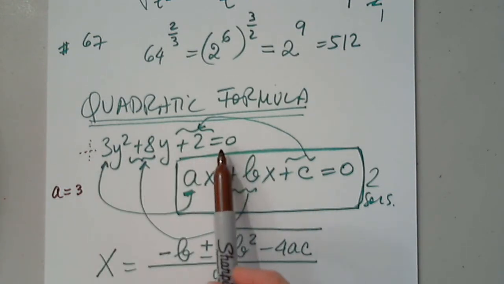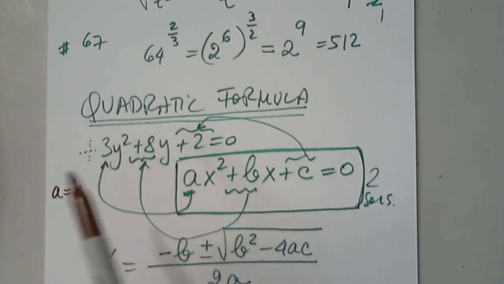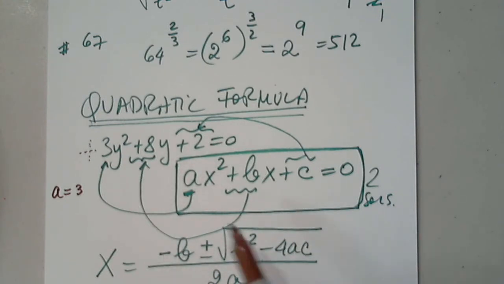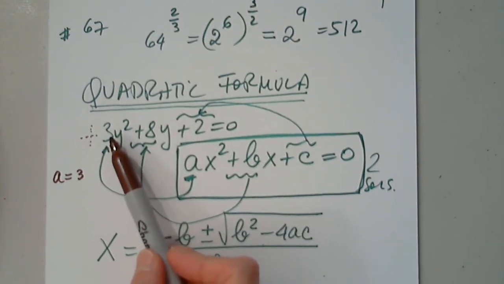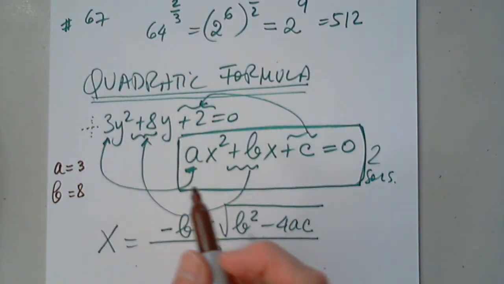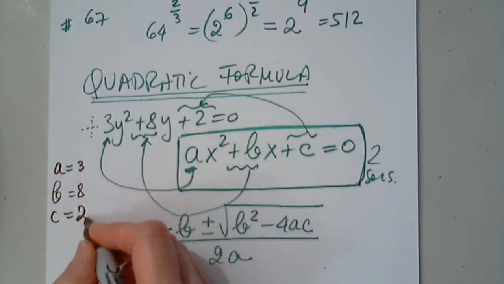Do not agree to use the quadratic formula if the leading coefficient is not positive. You can always make it positive. Don't complicate things in here with a negative leading coefficient, please. b in this case with the sign in front is 8. c in this case with the sign in front is 2.